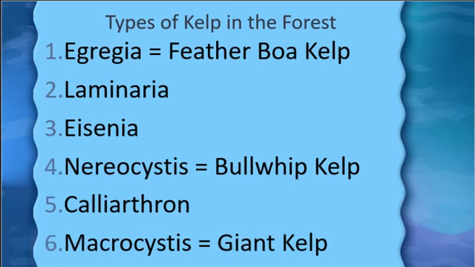And probably the most common would be our Macrocystis, known as giant kelp. So spelling challenges is what I would say here. I don't count off for spelling as long as I know what you're trying to write. But mainly you need to know there are 6 main types of kelp, large kelp.